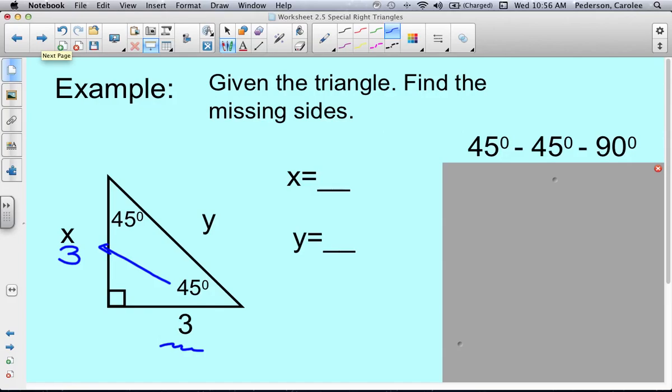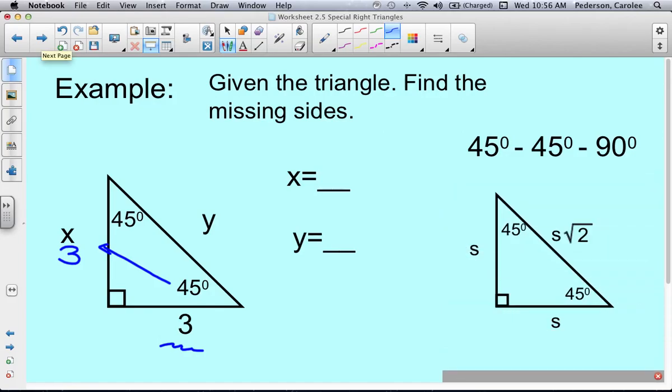And then I have this hidden. This is my hypotenuse, which is S, which is 3, so 3 square root of 2. So my length of X is 3, my length of Y is 3 square root of 2.